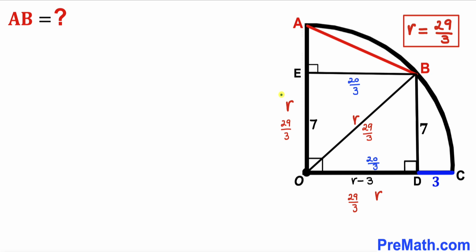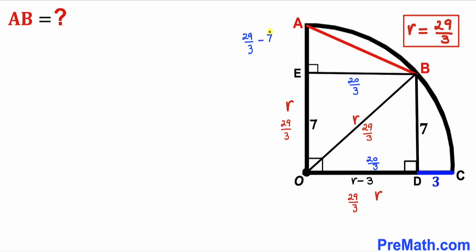And finally, let's make an observation. We can see that this whole AO length is radius R, which is 29 divided by 3 units. And this segment EO length is 7. So therefore this remaining segment AE length is going to be 29 divided by 3 and then minus this 7.